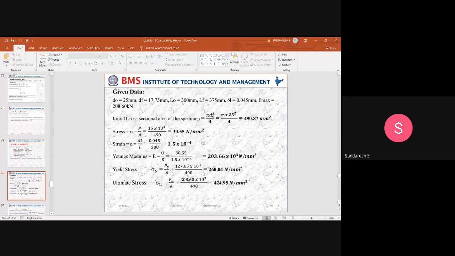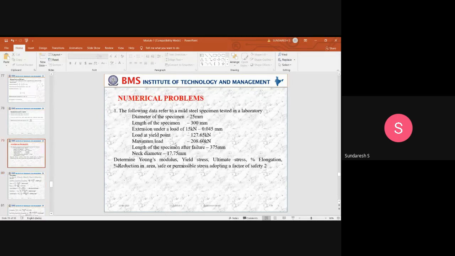Okay. Next, once you get the stress value, let us move on to calculate the strain. Strain epsilon is equal to delta L by L. Delta L is given as 0.45 millimeter at 15 kilonewton. So we have calculated stress and strain with respect to 15 kilonewton.